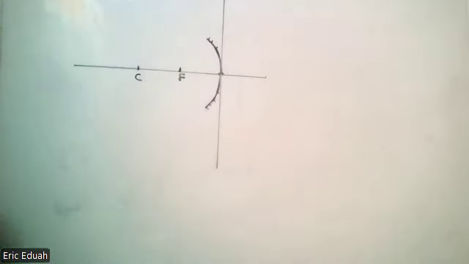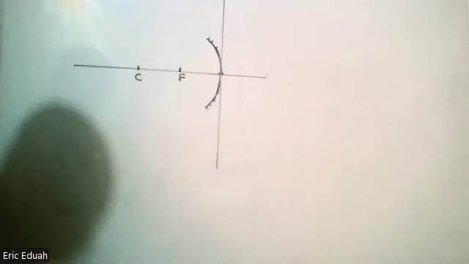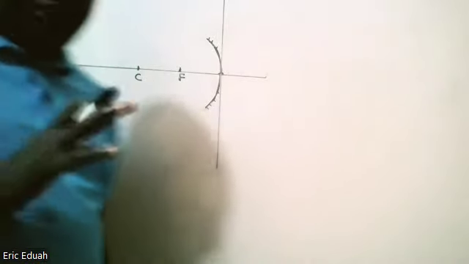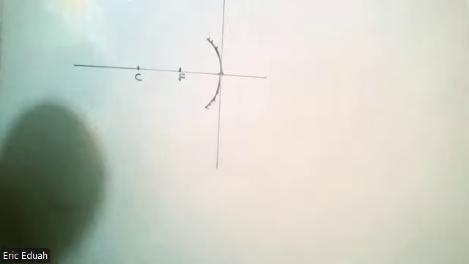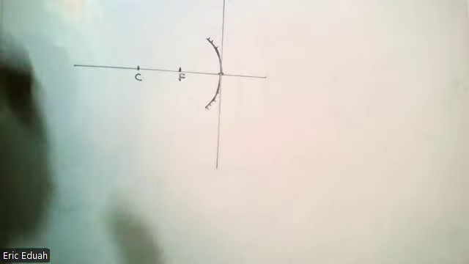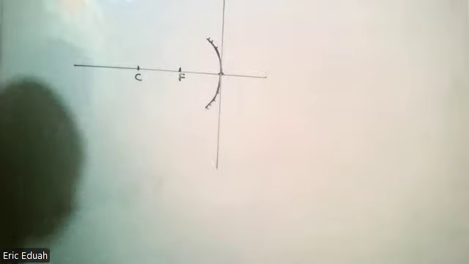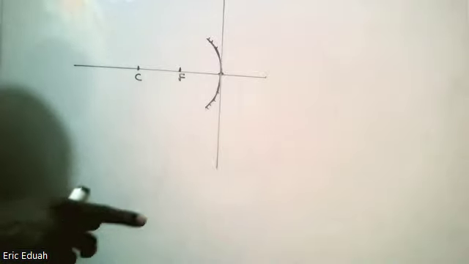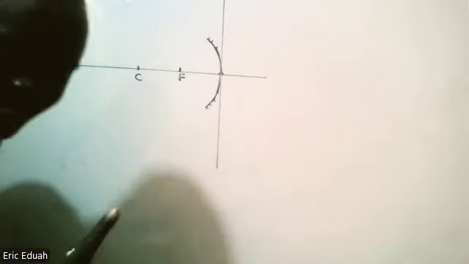We are saying that the object is placed at infinity. All that we know about infinity is that it is an infinite distance, a certain distance far, far beyond C. We cannot draw or determine what we are terming as infinity.